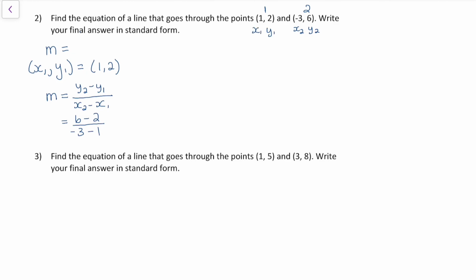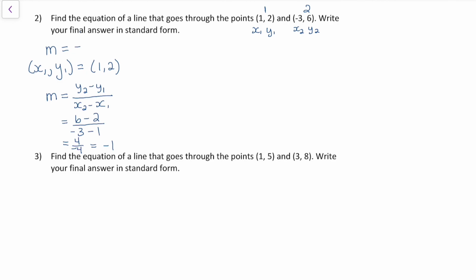So make sure that you're not doing 6 minus 2 and then doing 1 take away negative 3. You have to make sure you're consistent with which point you put first. So 6 minus 2 and negative 3 minus 1, we get 4 over negative 4, which just equals negative 1.